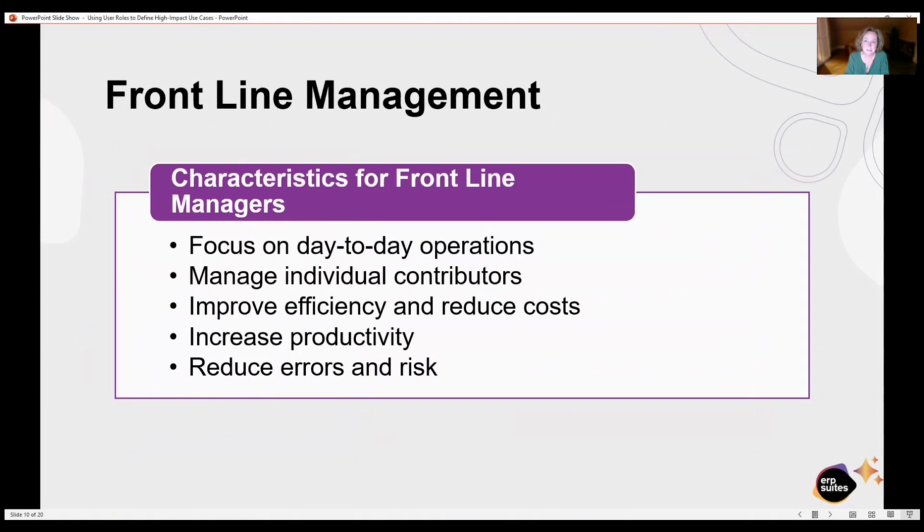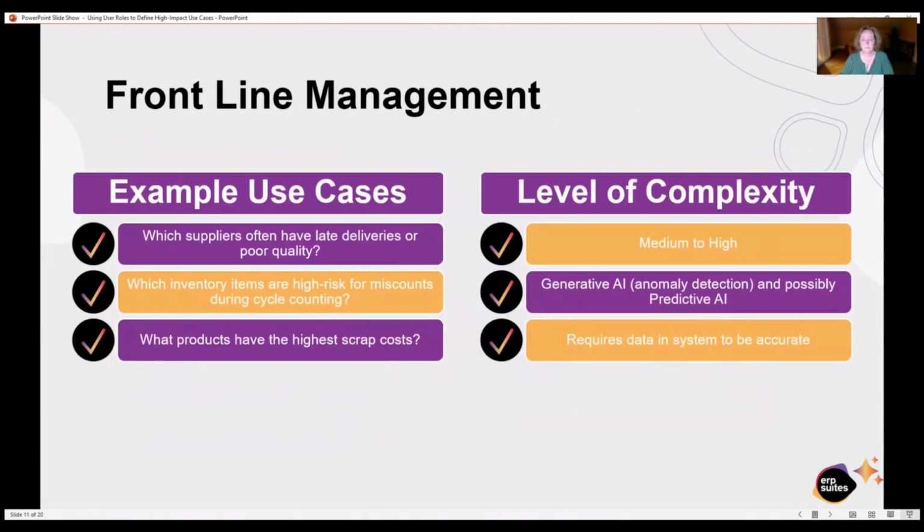If we look at use cases for frontline management, some examples are: which suppliers have late deliveries frequently, which suppliers have poor quality, which inventory items are high risk for miscounts during cycle counts, and what products have the highest scrap costs.